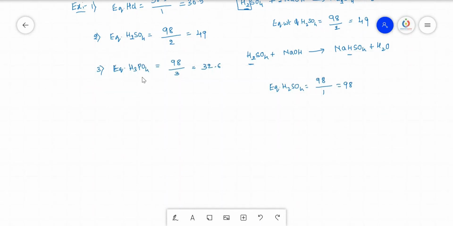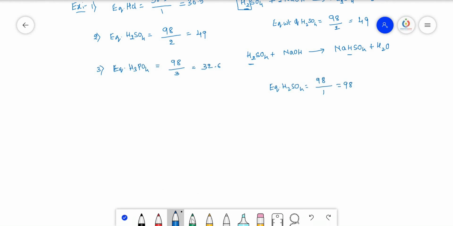Let us take similar reactions with H3PO4 also. Another example with H3PO4. So H3PO4 reacted with 1 mole of NaOH, giving NaH2PO4 plus H2O, meaning only one hydrogen is replaced by the OH minus.